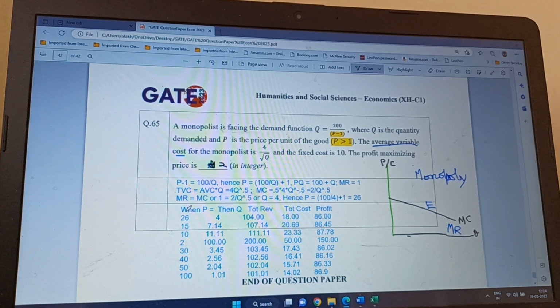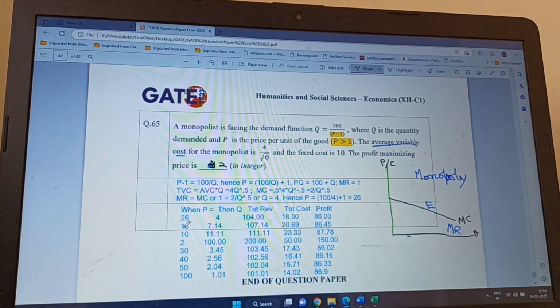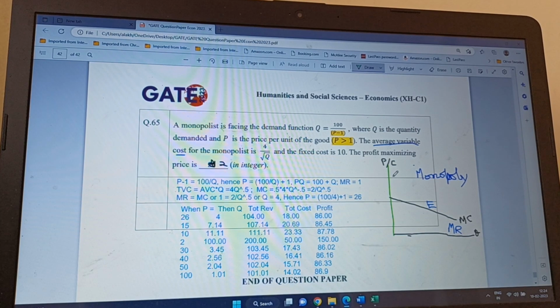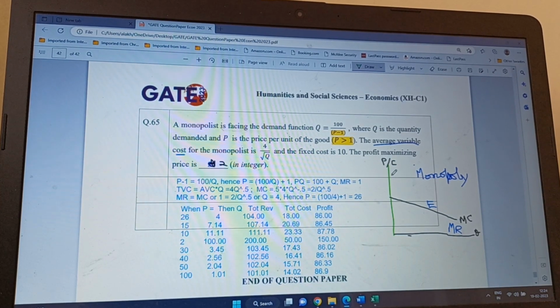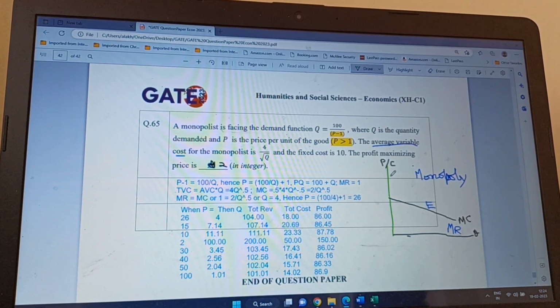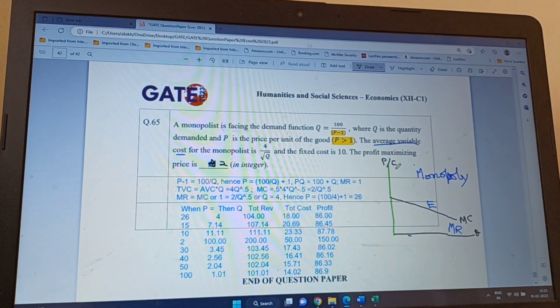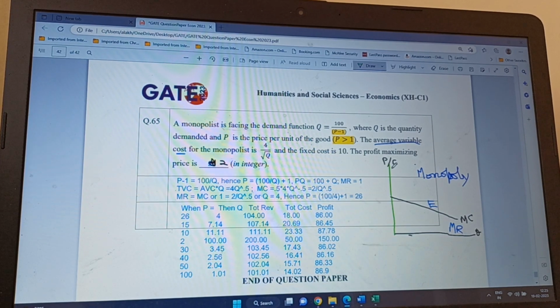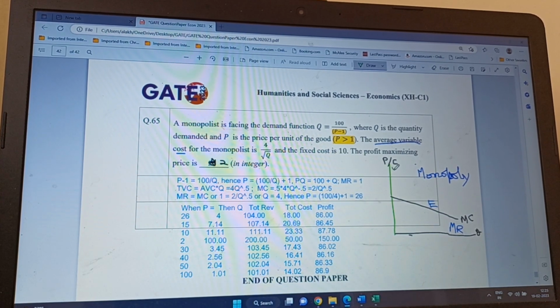Now you see that if the quantity is reduced, meaning this side is Q and this is reduced, so MR increases. Meaning when quantity is lower, MR is higher. So MR is like this. When quantity is 2, MR is 200. That's how I reached it. So the MR curve actually goes like this.